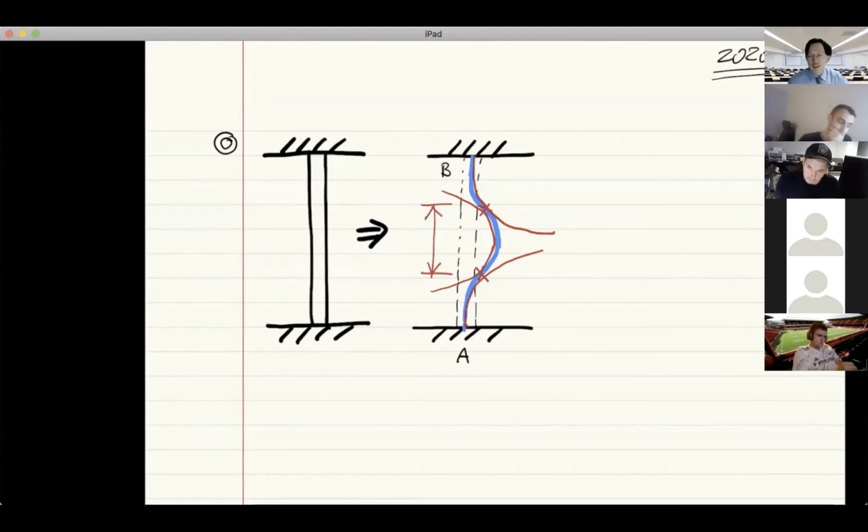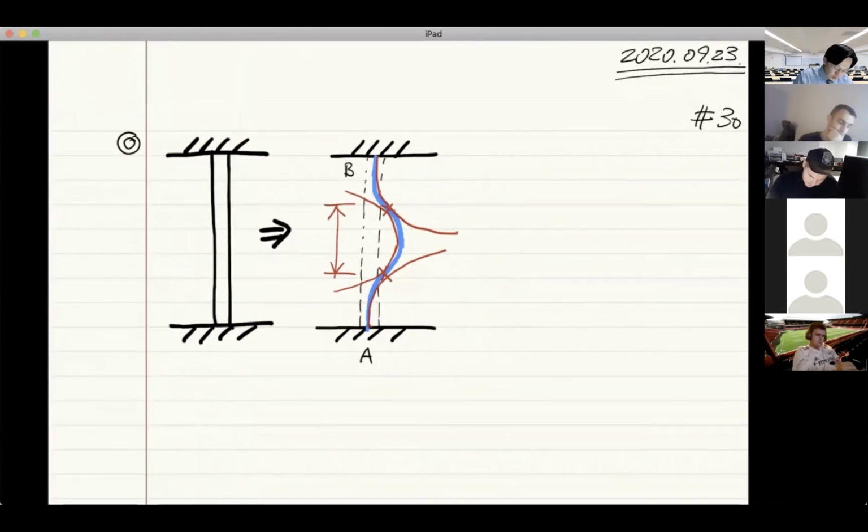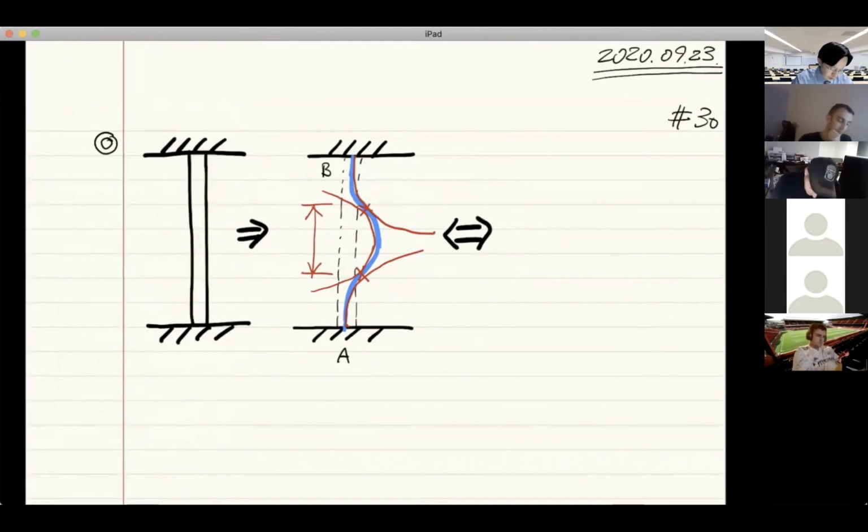And this equivalent length is compared to the case of a simply supported column. And this is important. Compared to what? Compared to a simply supported column, which would look like this.